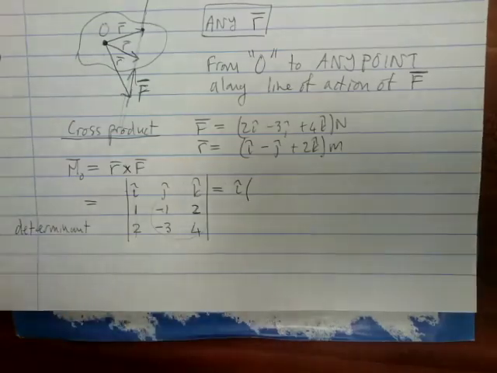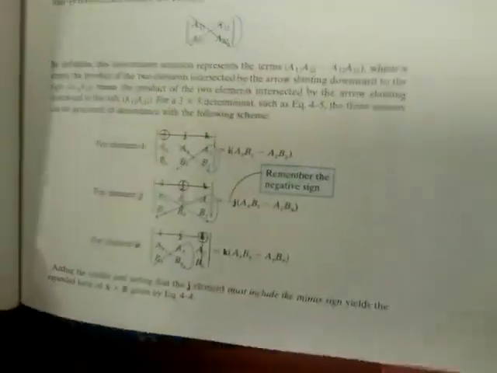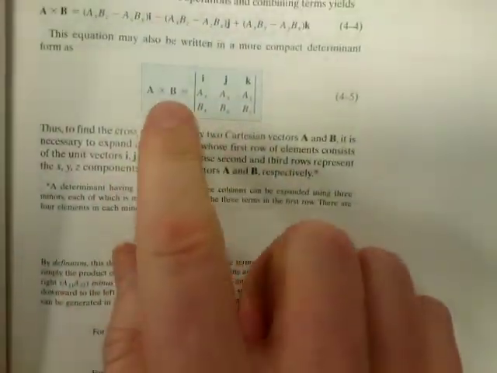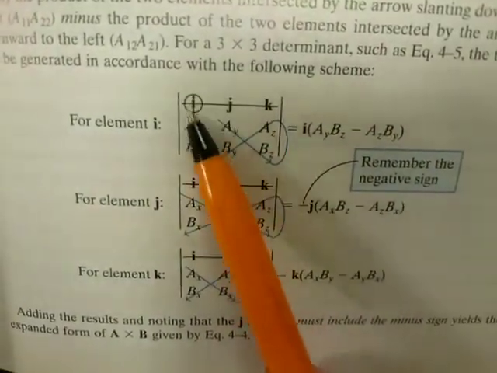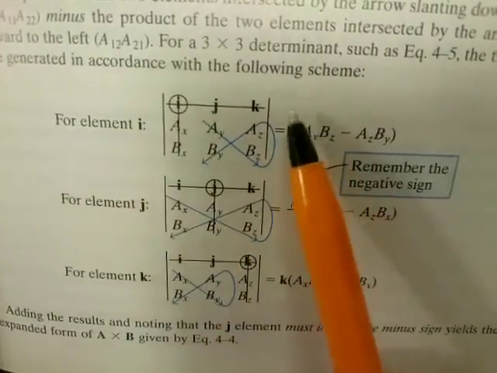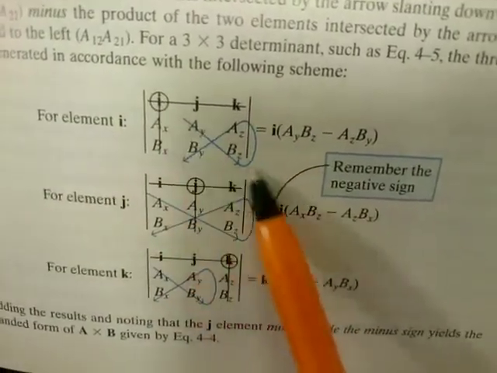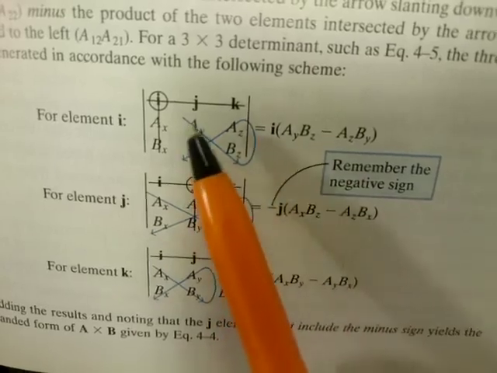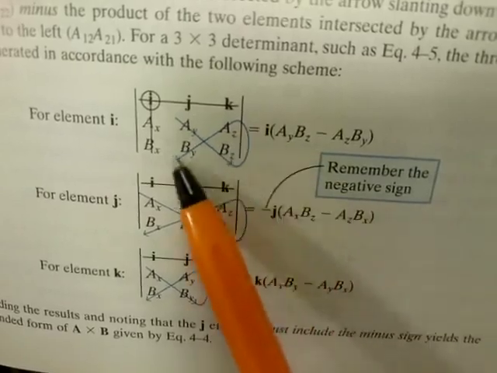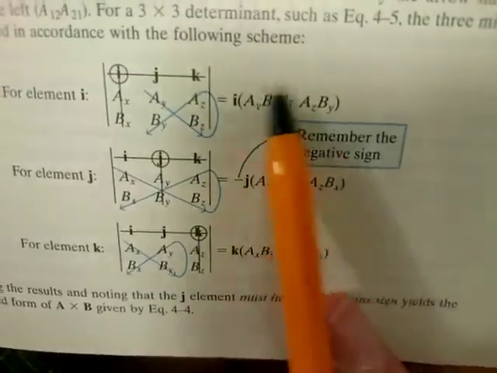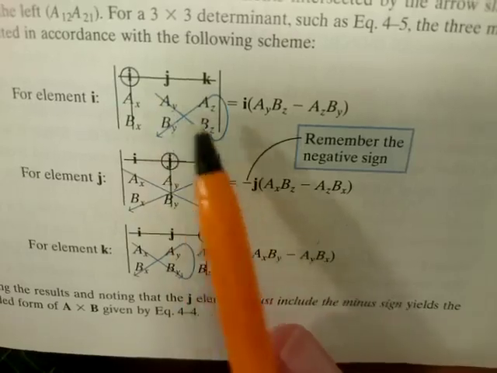Okay? You need to go and study. Go and have a look at this section here, where it speaks about the cross product. Okay? First vector, second vector. And whatever's remaining, you cross the first column out, you cross the first row out, and you've got this kind of pattern here: that times that minus that times that. So it's i, and then you carry out this pattern of multiplication.